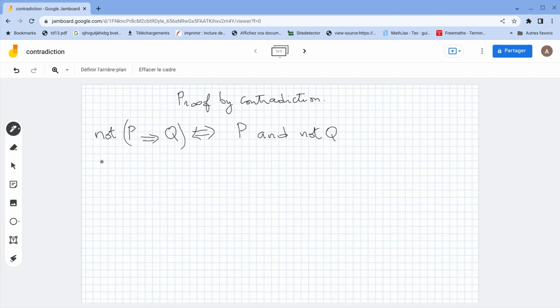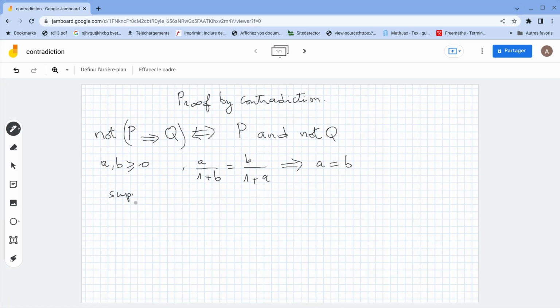I give an example here. Let A and B be positive real numbers. We want to show that if A over 1 plus B equals B over 1 plus A, then A equals B. We have the proposition P implies the proposition Q. So I do the negation of this proposition.